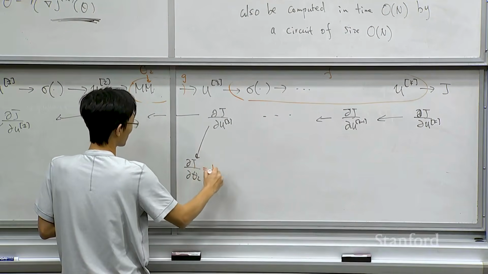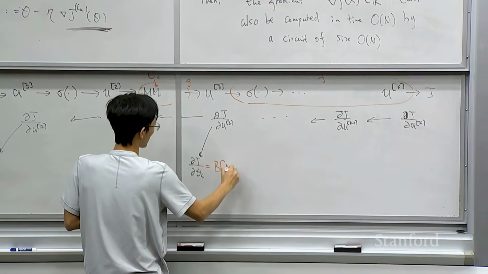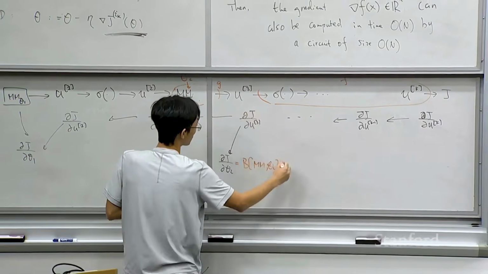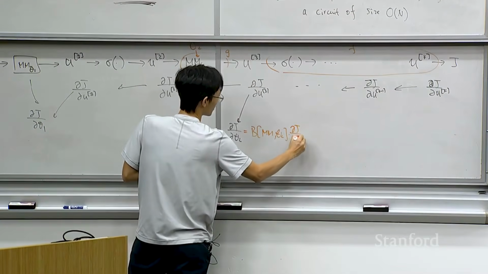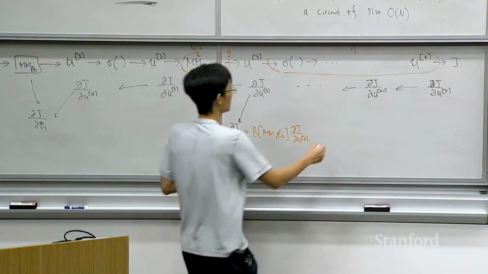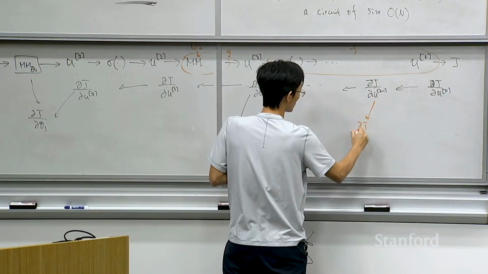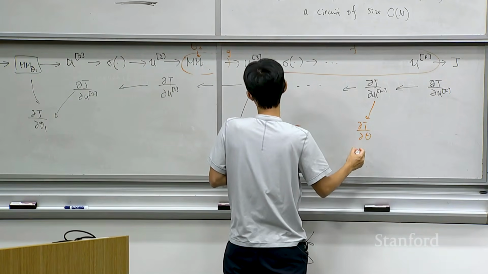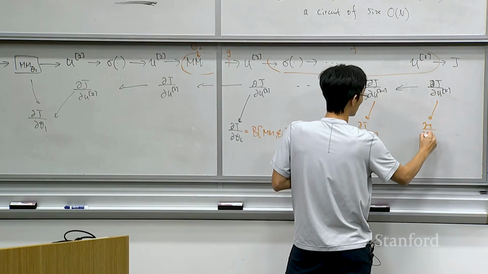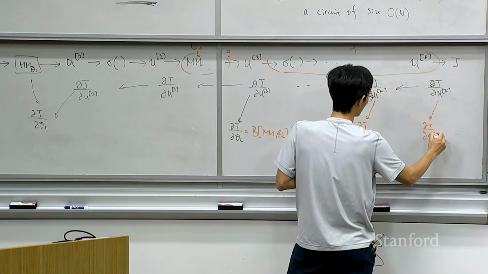This is really like some kind of backward function of this matrix application at theta 2, multiplied with the dJ over dU3. And you can do the same thing here: dJ over d theta K-2 will give you dJ over d theta K-1.